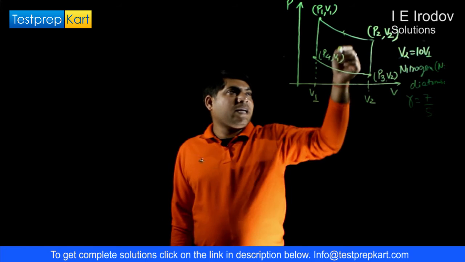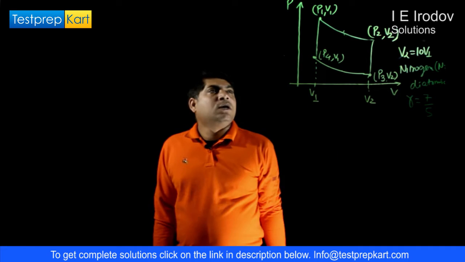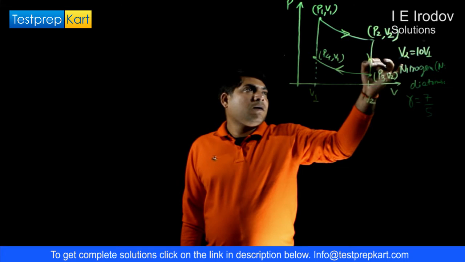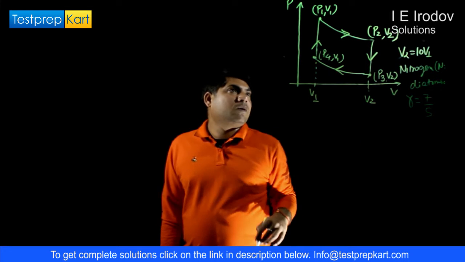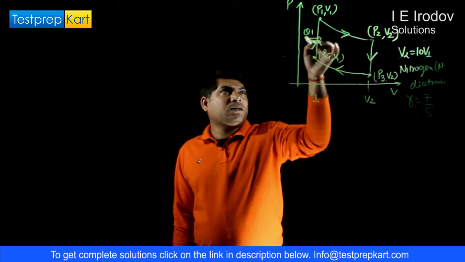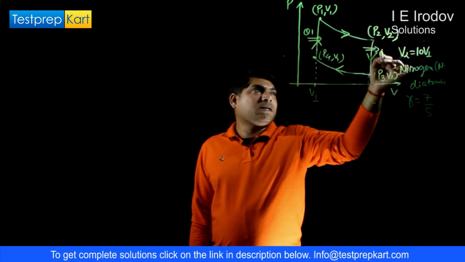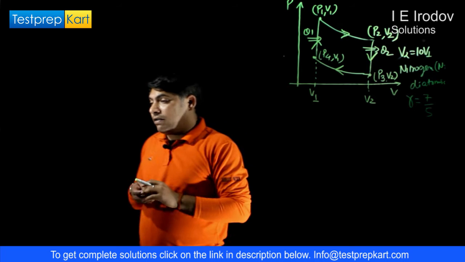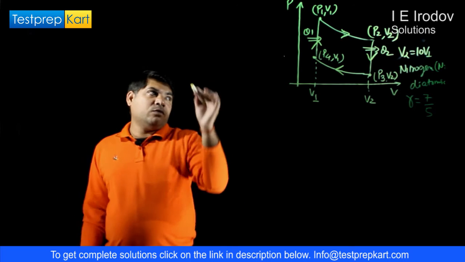These two processes are adiabatic, so no heat exchange takes place. Now suppose heat is coming in as Q1 and going out of the system as Q2. So first of all we need to calculate Q2 and Q1.